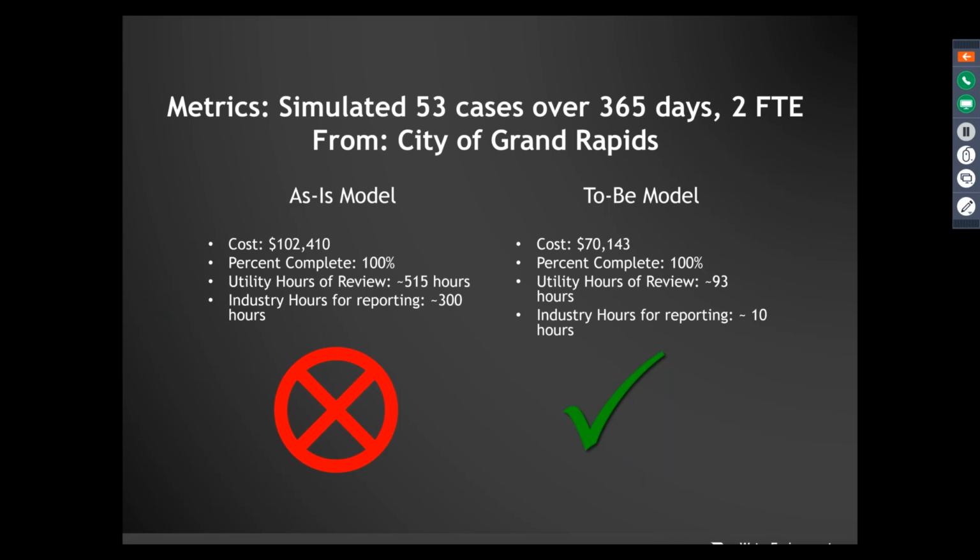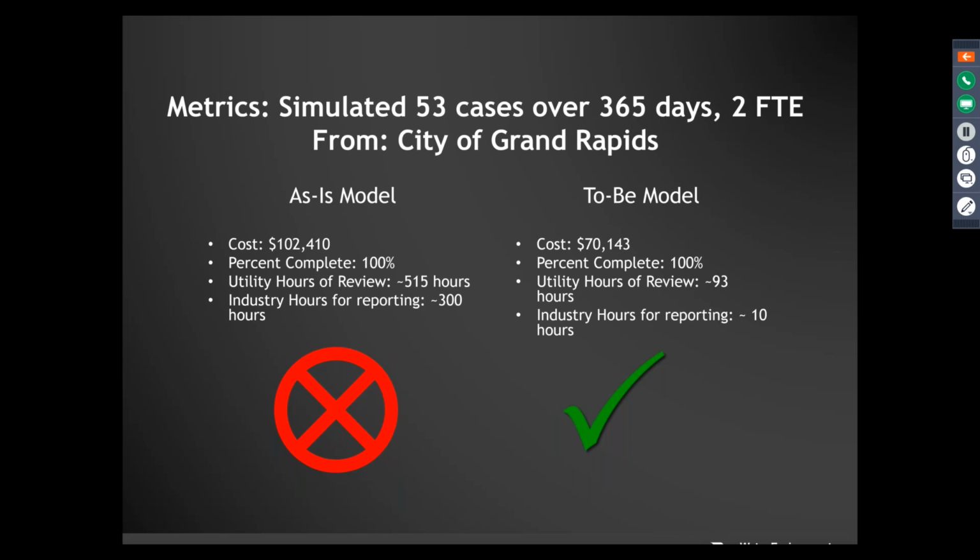Now, an example of how business process model can be used is provided from one of these case studies. This is from a case study done by City of Grand Rapids. They documented their existing business process in the as-is business process model. They also defined the metrics associated with that process. Then they analyzed this process and developed a 2B, a process that includes several modifications aimed at improvement.